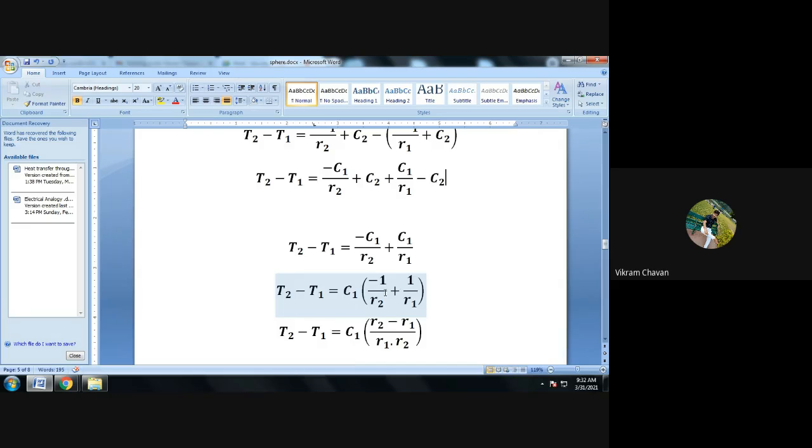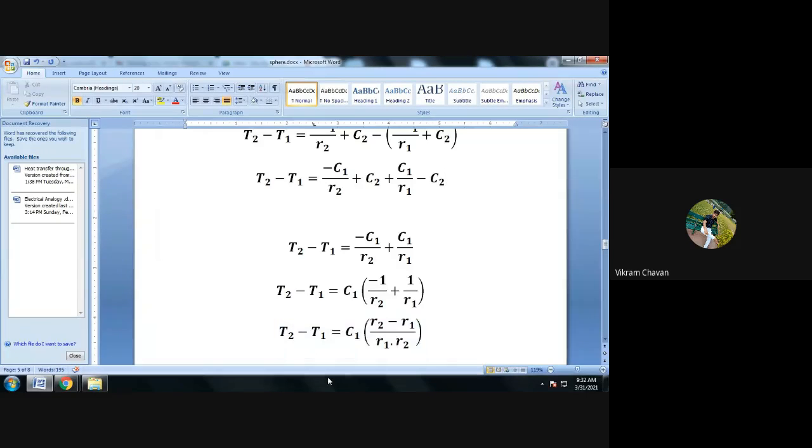So after cross multiplication, we get T2 minus T1 equal to C1 into bracket R2 minus R1 divided by R1 multiplied by R2.